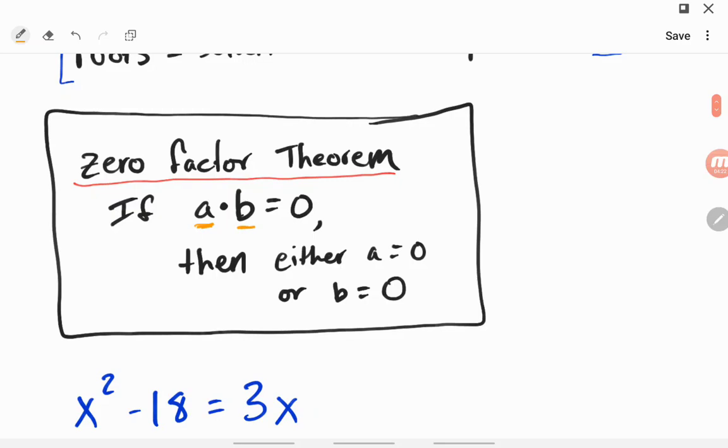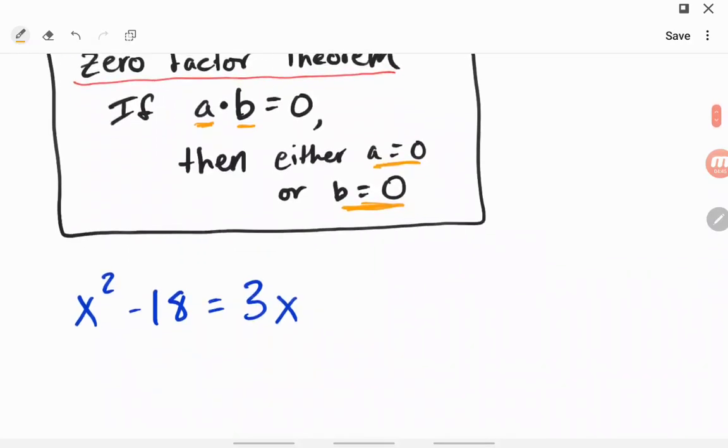Well, how do we get A times B to equal 0? Well, one of them has to be equal to 0. Either A is equal to 0 or B is equal to 0, right? There's no other way for this to work unless either A is 0 or B is 0. All right, so we are actually going to be applying the zero factor theorem to factoring. And so let's look at our first example problem.